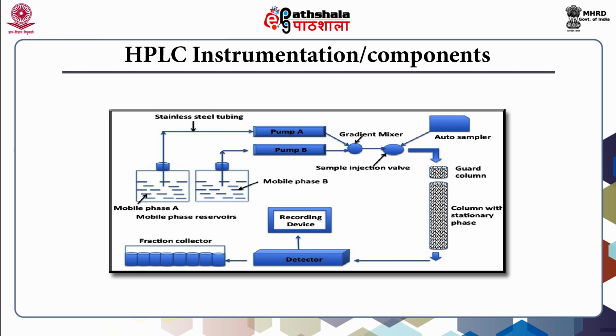The guard column is used prior to the main column just to avoid any impurities entering the main column. So, the guard column protects the main column by stopping some of the impurities from going into it. Then we have the main column, and also we have the detector, and finally we have the fraction collector.